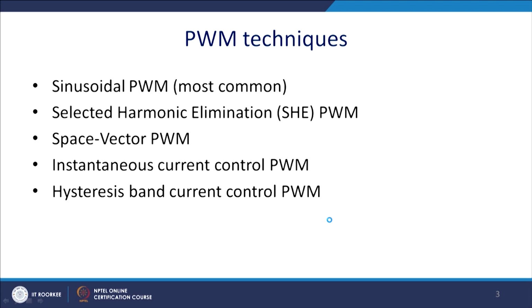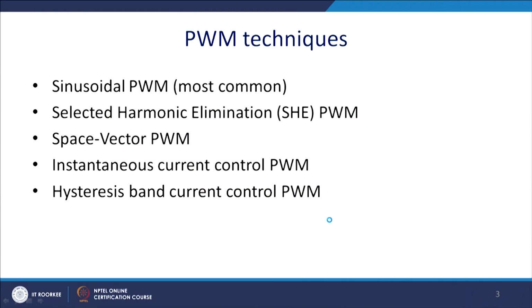Now, this is our presentation layout today. We shall discuss sinusoidal PWM, which is most commonly used. There are also other kinds of PWM, such as trapezoidal PWM. Thereafter we shall see selective harmonic elimination, and then we shall discuss space vector modulation and instantaneous current control by PWM.